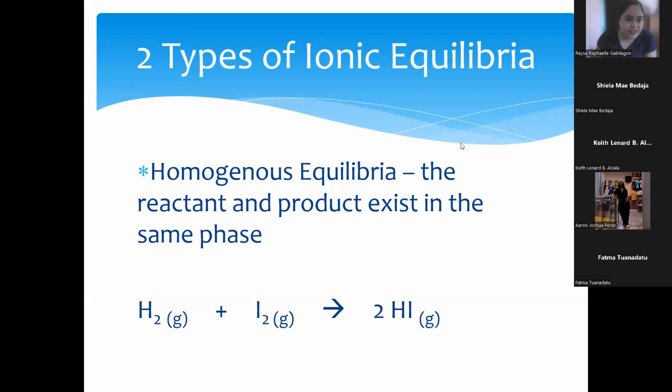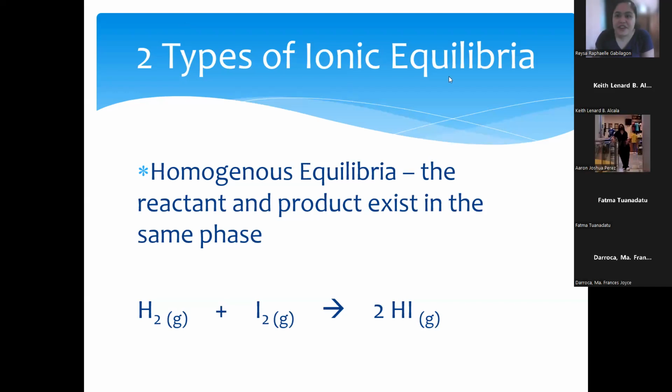Let's talk about the types of ionic equilibria, class. Again, two types of ionic equilibria. We have the so-called homogeneous equilibria. All you need to take note of is the word homogeneous. Remember, homo means one, and therefore, if we're going to look at the chemical equation, all of the substances there exist in the same phase.